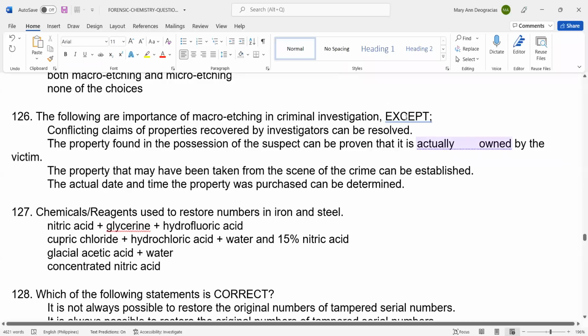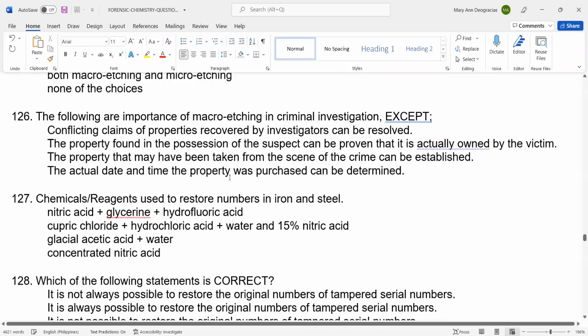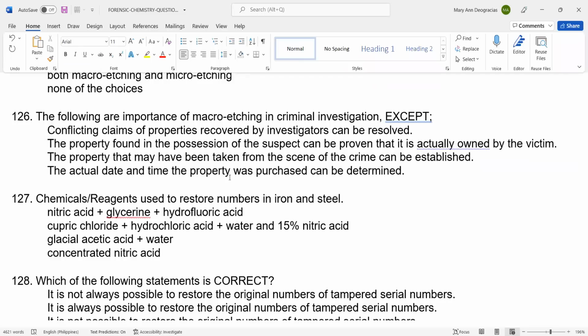Wait lang. Okay. Letter C, the property that may have been taken from the scene of the crime can be established. Then letter D, the actual date and time the property was purchased can be determined. Or which of them is incorrect?